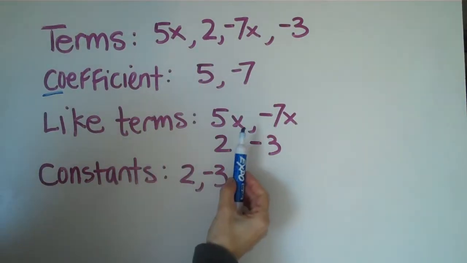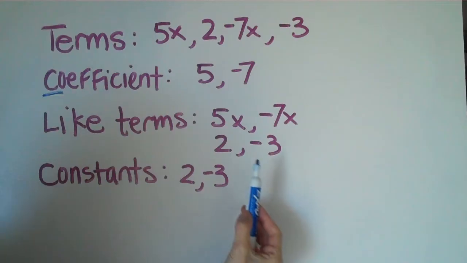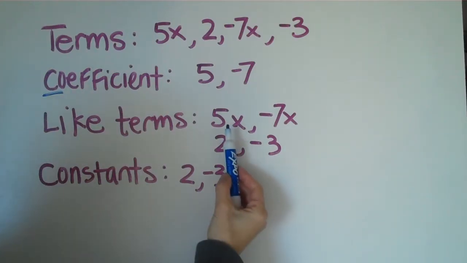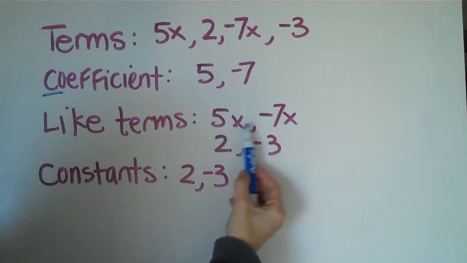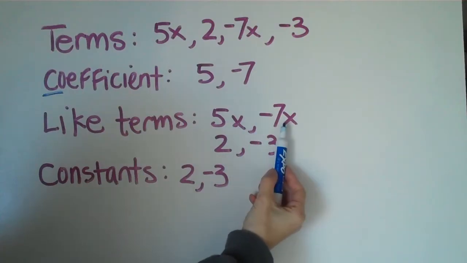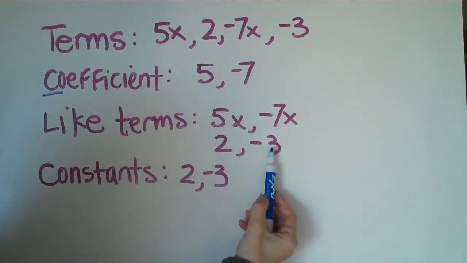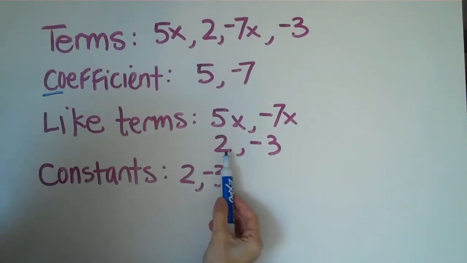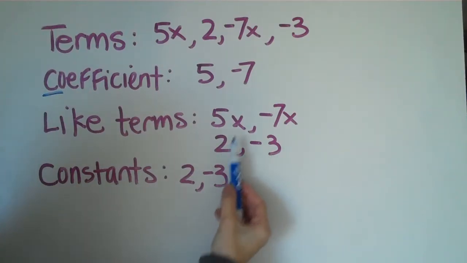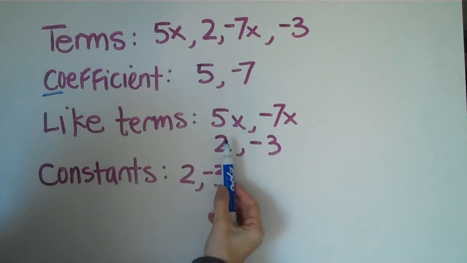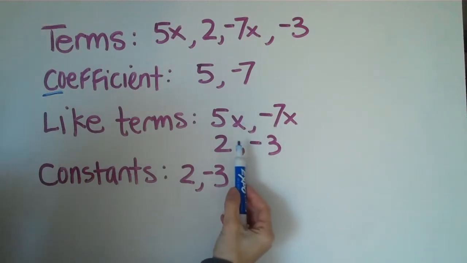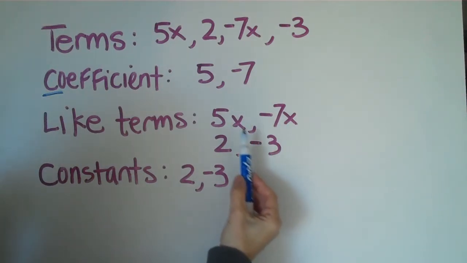Like terms would be anything that you can end up combining, and we'll talk about that a little later. 5x and negative 7x, they have the same last name, they have the same variable, they are like terms. 2 and 3, these are both what is known as constants. They are able to be combined. Whenever you can combine terms, they are like terms.